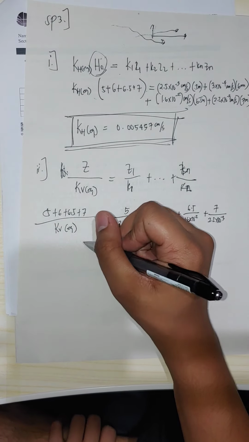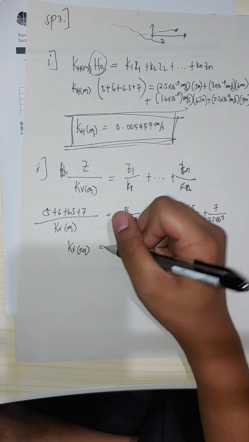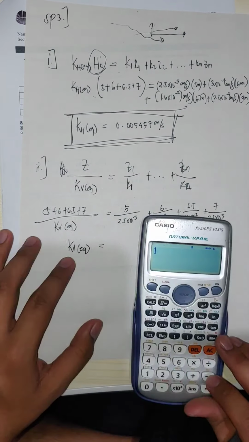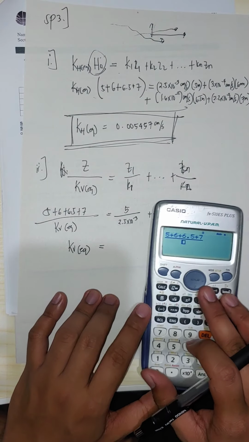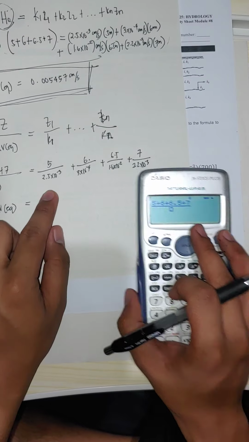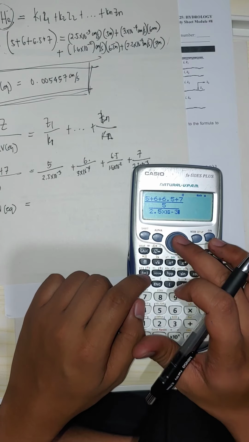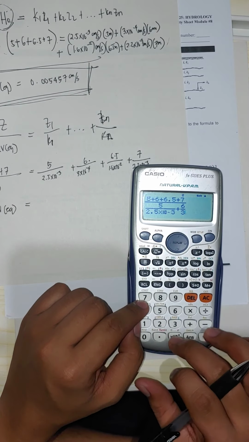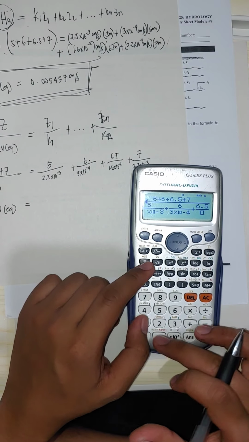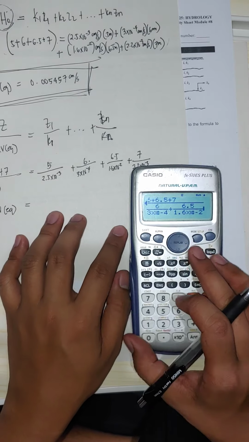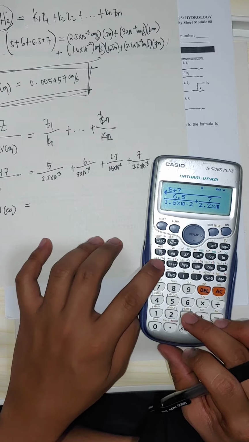Atong pang cross multiply na to. And then we have the equivalent vertical component of the hydraulic conductivity KV is just equal to 5 plus 6 plus 6.5 plus 7 over this one, is 5 over 2.5 times 10 to the negative 3 plus 6 over 3 times 10 to the negative 4 centimeters per second plus 6.5 meters over 1.6 times 10 to the negative 2 plus 7 over 2.2 times 10 to the negative 3.